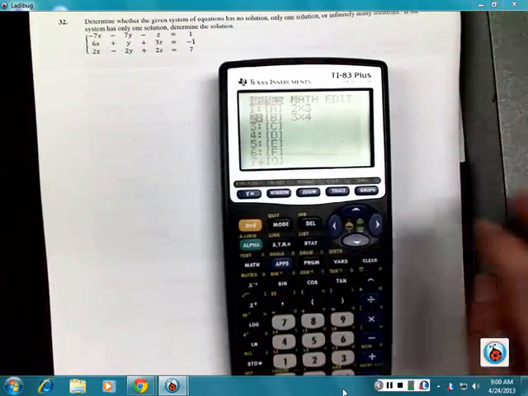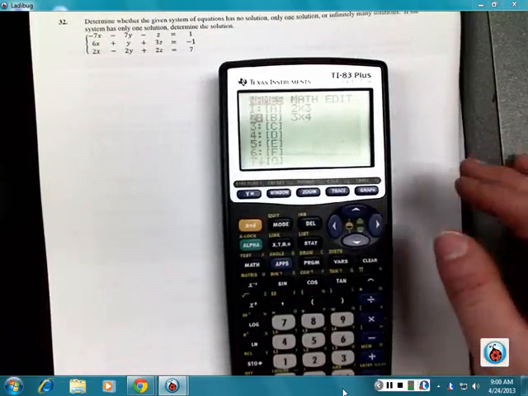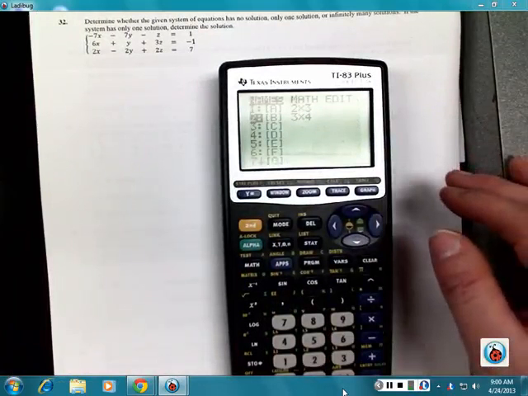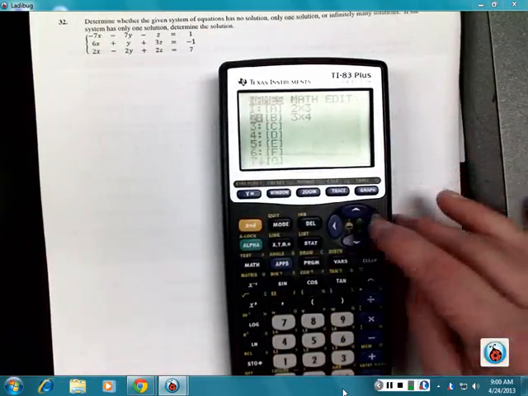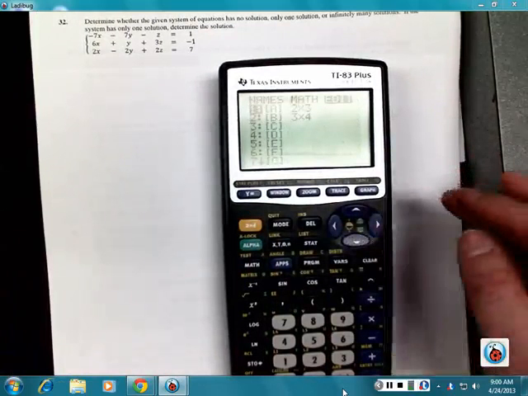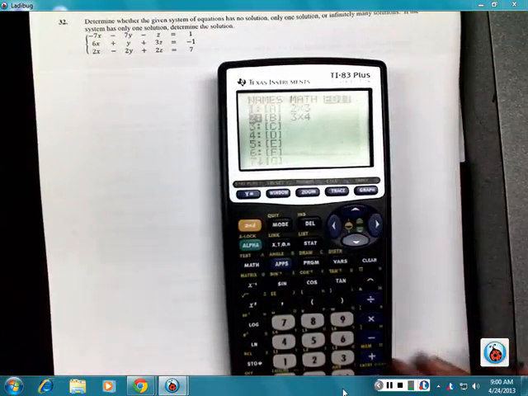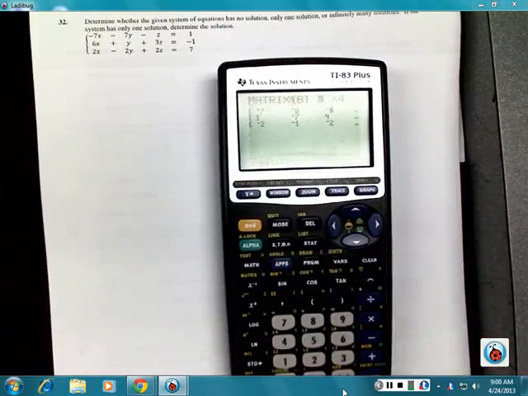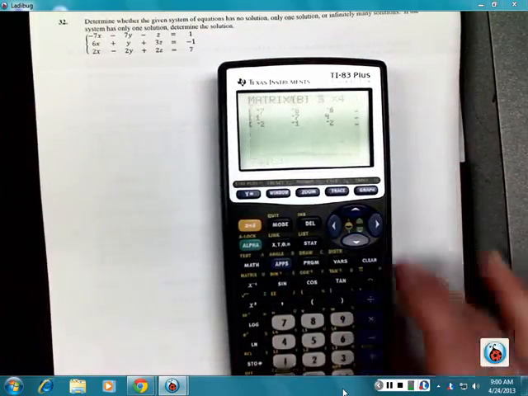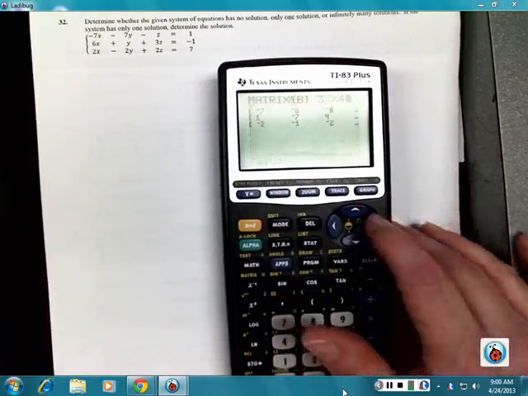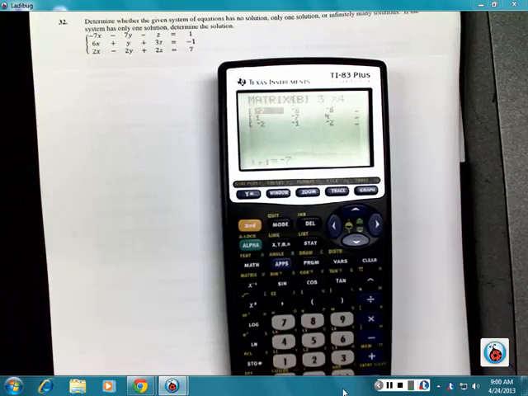Then I need to go over to edit. Down here I need to pick the one I need. Okay, so I pick B, and I got a 3 by 4. Now how do I stick stuff in there? Well, I gotta get off of this piece first, and then you just put them in.